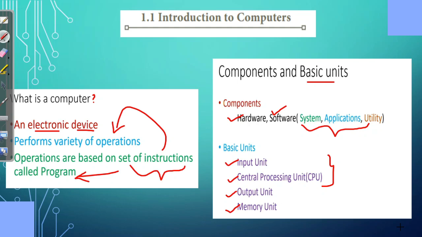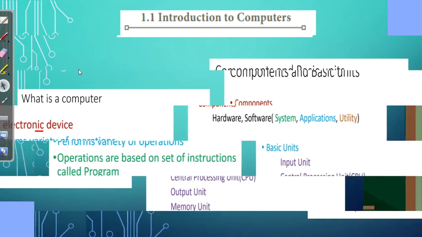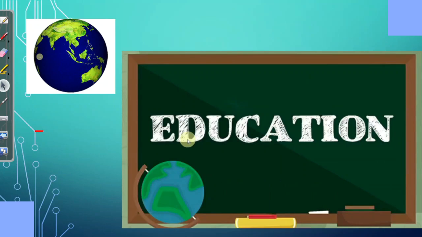Computers are not only operated as electronic devices, they are used in everyday actions around us nowadays, right? Each and every organization has computers. Compared to previous stages, computers are now widely used in education all over the world.